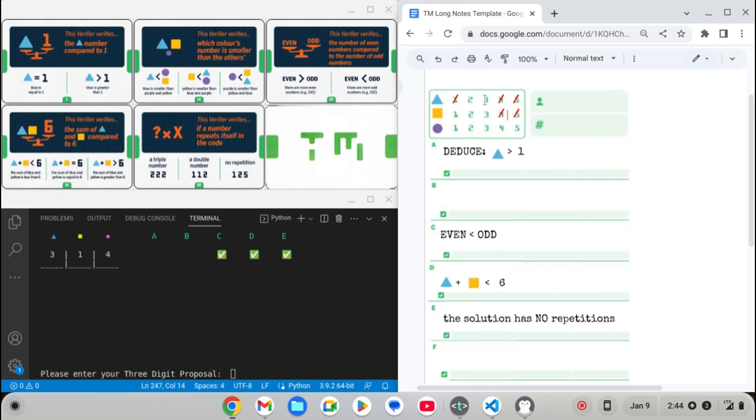Let's see. What if circle were to be the smallest? So if circle's the smallest, a lot of these couldn't happen. It would almost force circle to be a 1. And then, now how would you pick between 2 and 3 and 3 and 2?